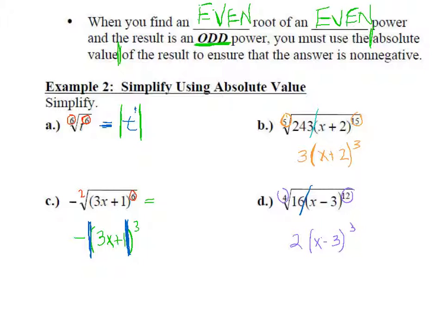We had an even power, an even root, and we're going to get an odd exponent. We need to put in absolute values. So you should have the 2 outside with the x minus 3 in absolute values for your answer. Not parentheses, absolute values. And that is how you use absolute values.